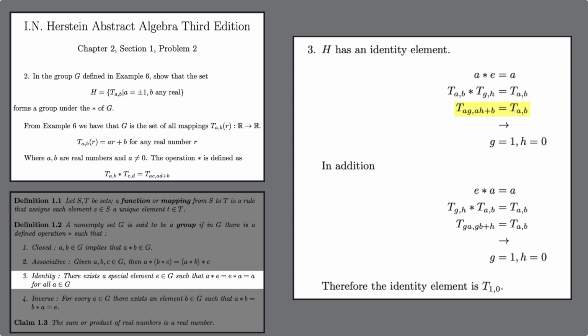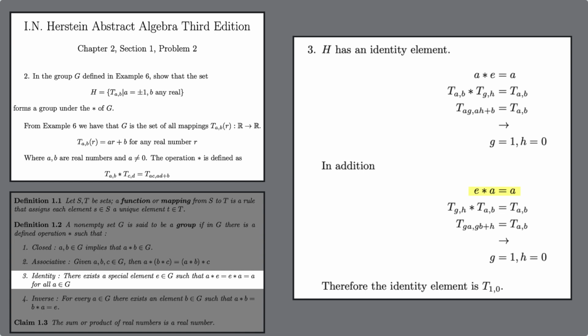And in order for AH plus B to always equal B, H has to equal 0. Remember that the A and B here is the element that we're given. So we don't want our identity element to ever depend on A or B. And the only way to do that, to make sure that it never depends on A or B, is for H to equal 0.